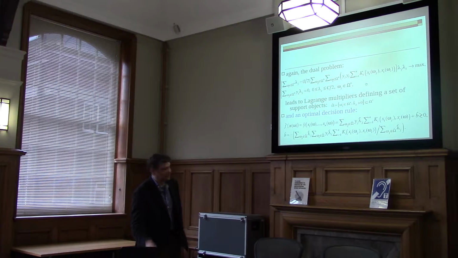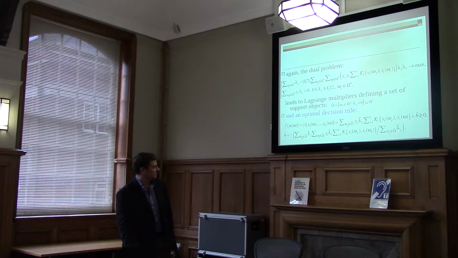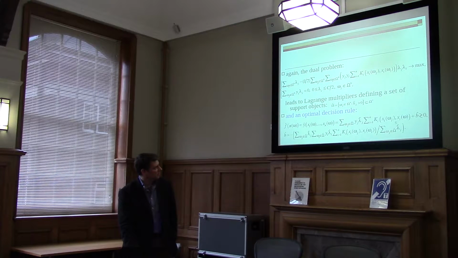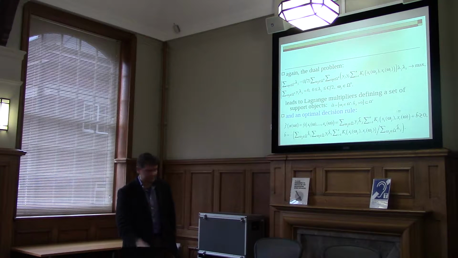And when we solve that, you end up with, again, a set of support objects in the composite space, which yields the composite decision rule, which is, again, the sum over the non-zero Lagrangian multipliers. So, in other words, the decision hyperplane is again defined by the support objects, but these are the support objects in the composite space. It's basically the same as before, but we've got this additional summation, and the same in the bias offset.